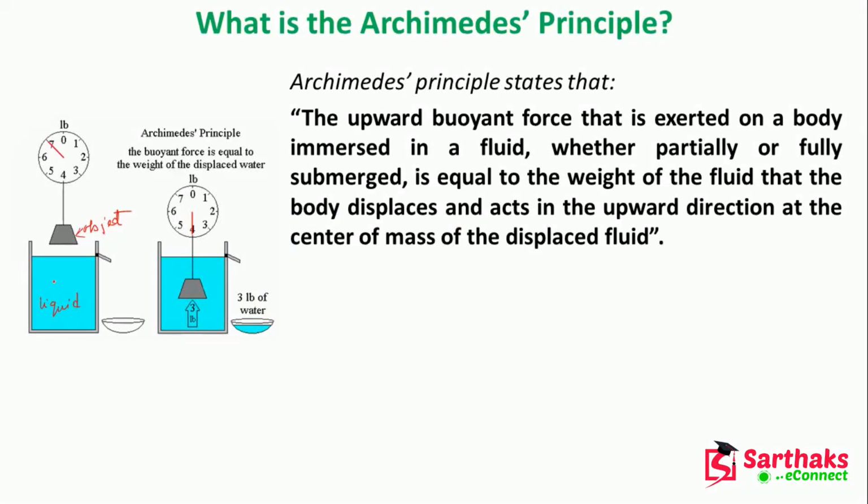We are going to submerge this object in the fluid, and after submerging it, you can see that some of the water has been displaced. How much water has been displaced? Three pounds of water. So in this case, whatever the weight of the object, that much water or fluid has been displaced.